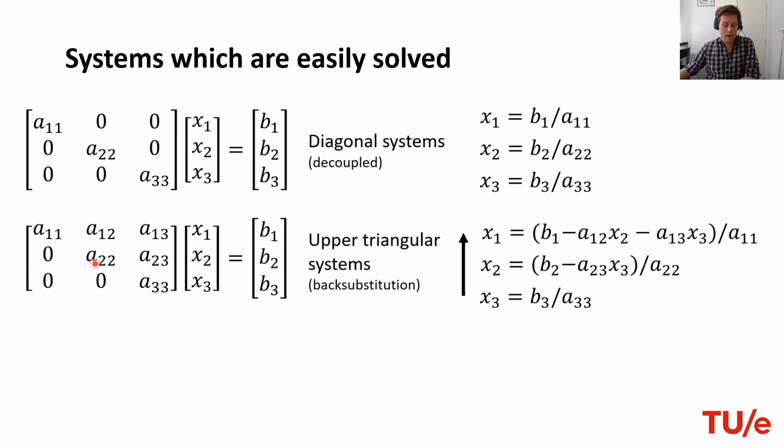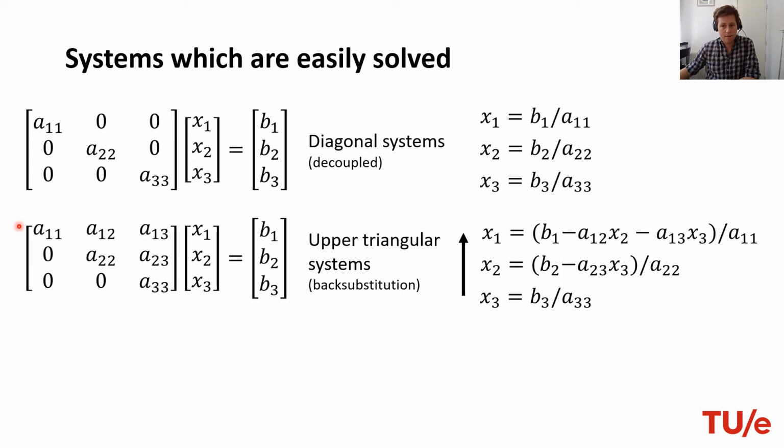Again, we can recast this into an explicit formulation for the unknown x2 by writing b2 minus a23 times x3, divided by the diagonal coefficient a22. We can do this because x3 is known. Then once we know x2 and x3, we can move up one row. Here we see the first equation is dependent on all three unknown variables, x1, x2, and x3.